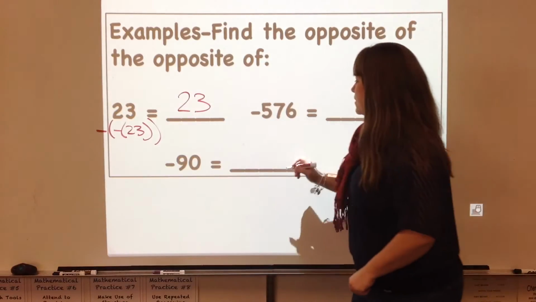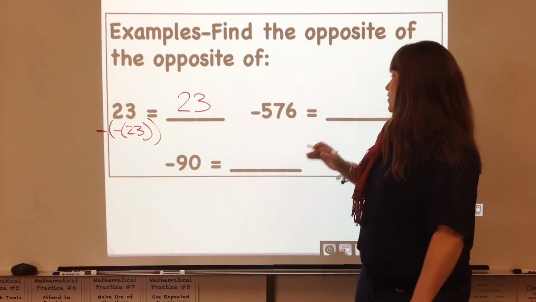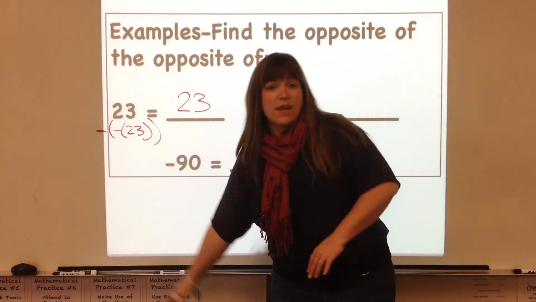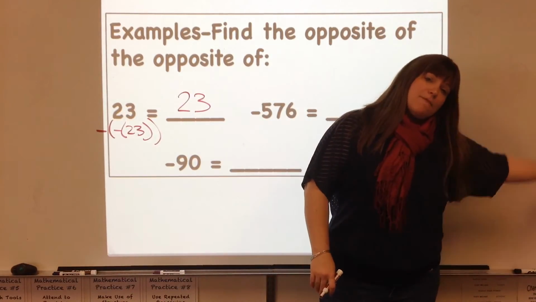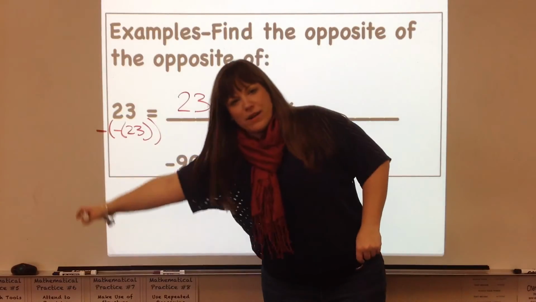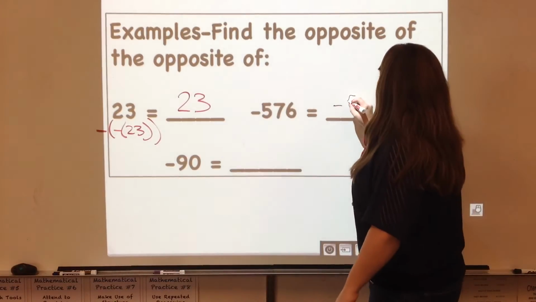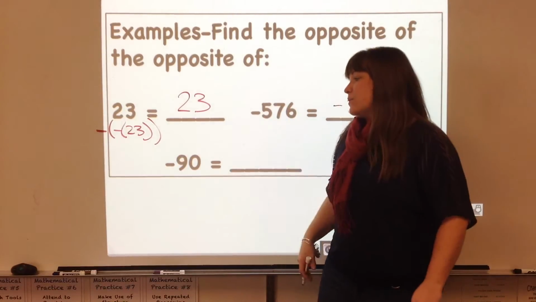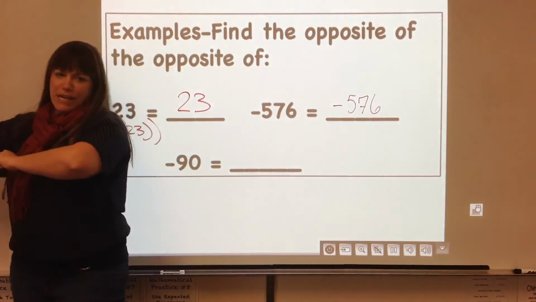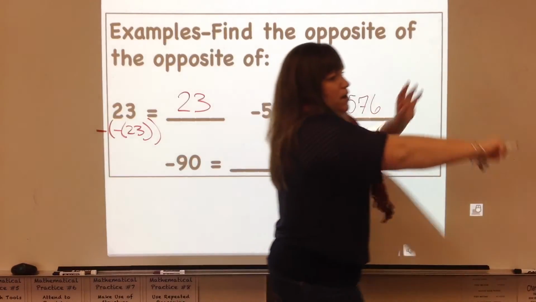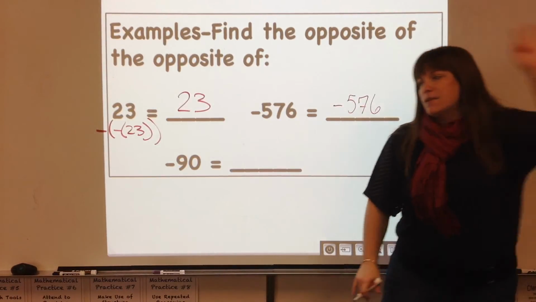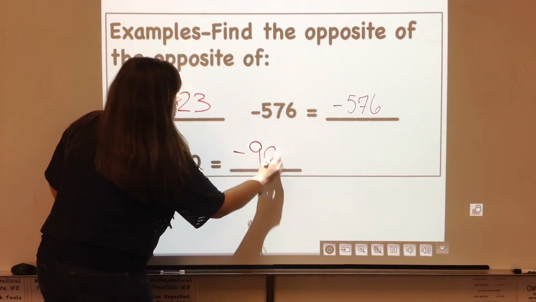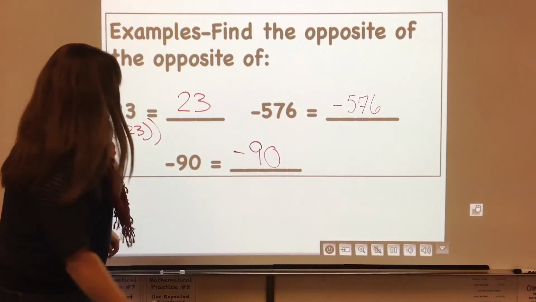Negative 576 will be the opposite of the opposite. You take the opposite of negative 576, which is positive, and then positive turns right back around to negative. So we have negative 576. Same with negative 90. We're starting on the number line at negative 90. The opposite of negative 90 is 90, and then we go right back to where we started. So the opposite of the opposite of negative 90 is negative 90.